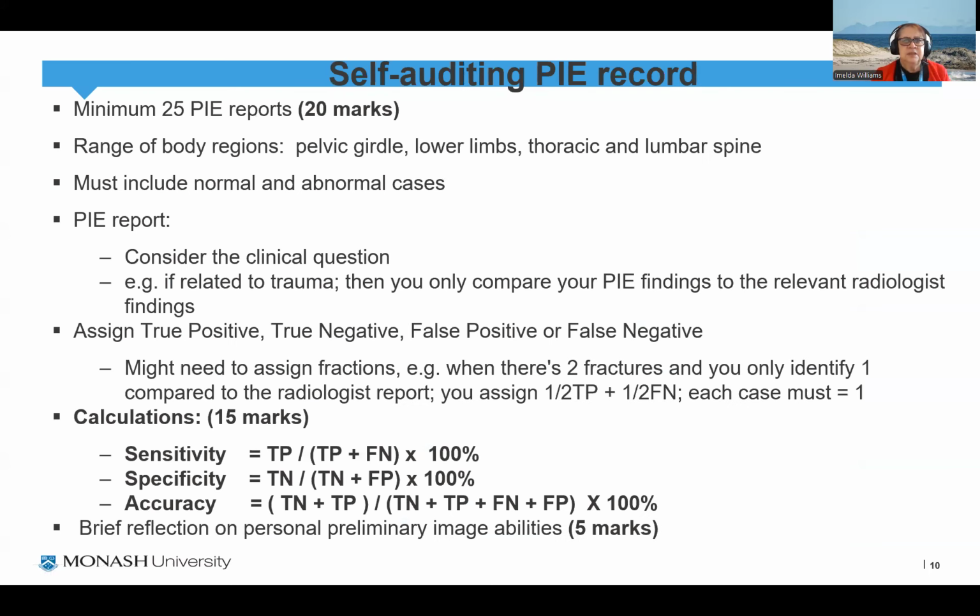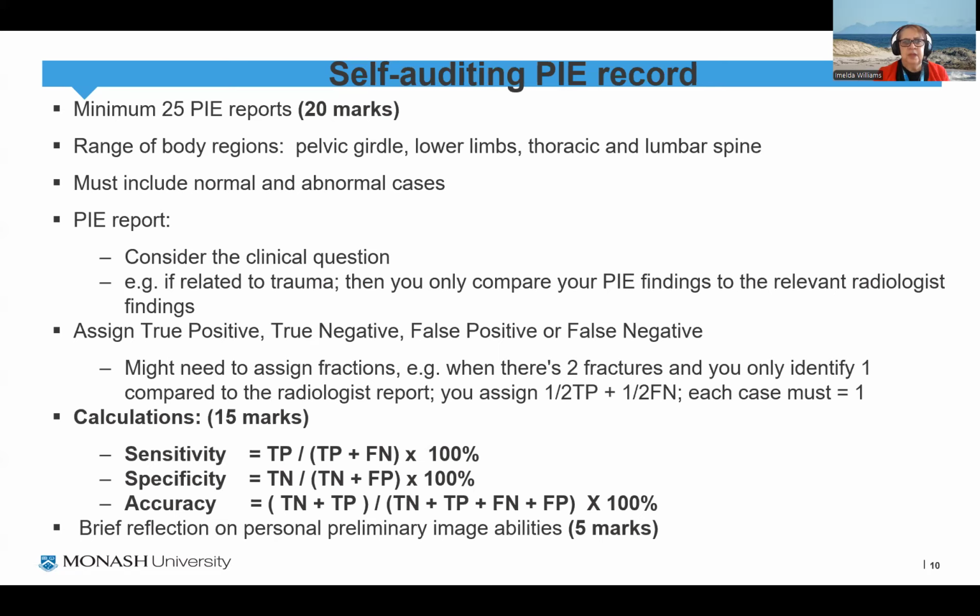So the second part is the self-auditing PIE record, and for that there's a maximum of 20 marks available. So once again, only focus on the body regions for this unit, the pelvis, the lower limbs, thoracic and lumbar spine. And I have to reiterate that you must also include normal cases with your abnormal cases. So in your PIE report, as mentioned, relate the report to that of the clinical indications.